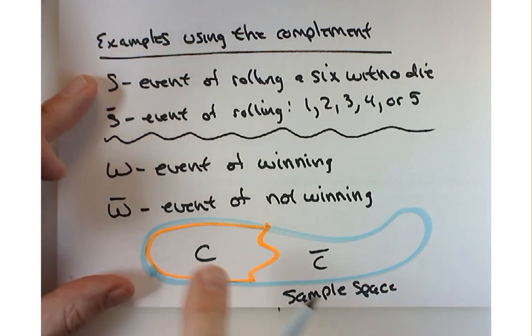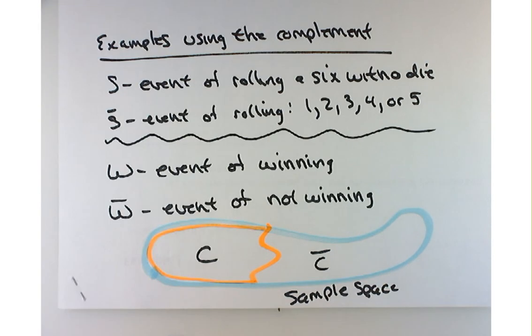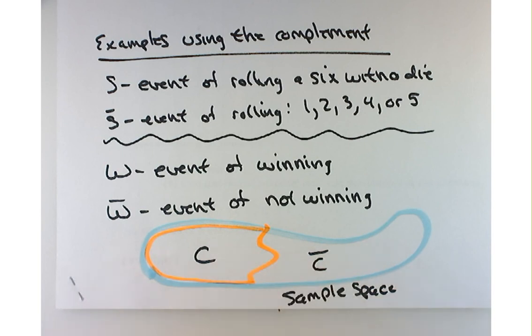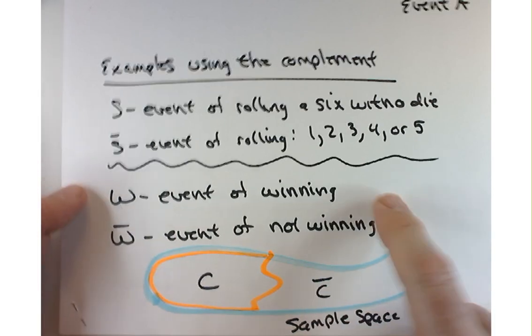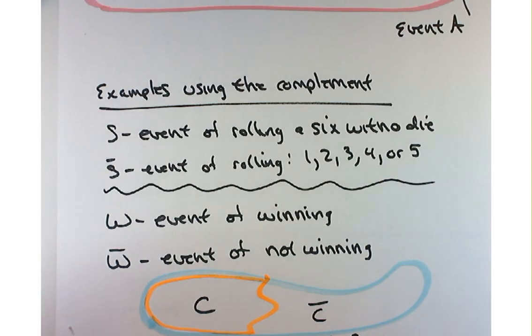So you're either here or you're here. You're in one of these or the other. You're heads or tails, you're male or female. You're one of those. So you're the event or its complement, which is probably a better thing that I should coach myself into saying a little more frequently. Your event or your complement. So one or the other. Now between the two, that's like everything that can happen.